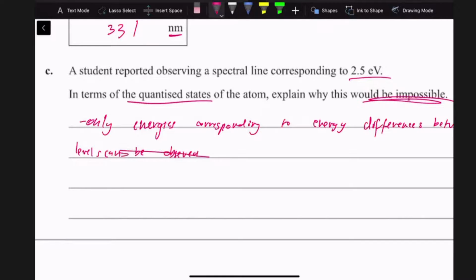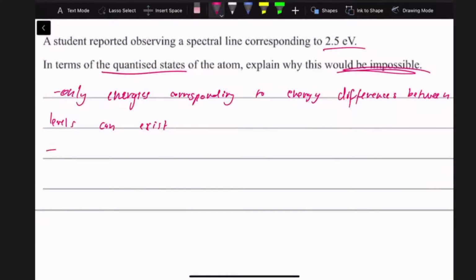Or you could write can exist. That'd probably be better. So that's a general statement explaining just the theory, and then you have to apply it to the question.